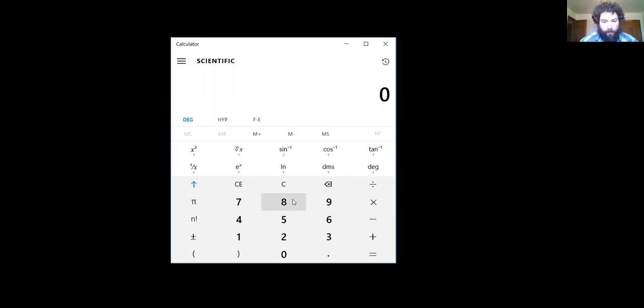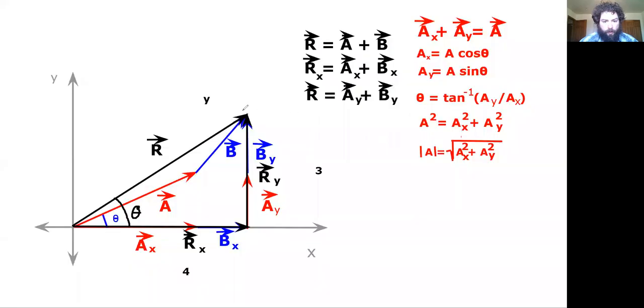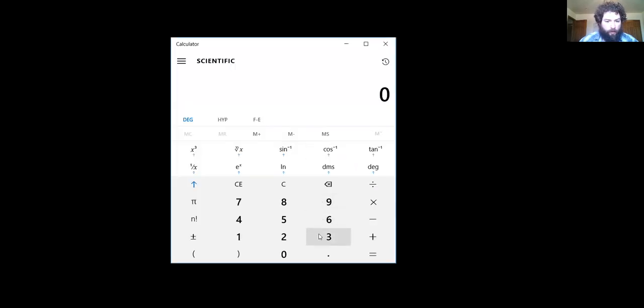We'll say it was opposite over adjacent, and let's go back and see what it was. Okay, so we want to find that. It's opposite over adjacent, so that's 3 over 4. Go back to the calculator. 3 divided by 4 equals that, inverse tangent, and so that's our angle, and that's in degrees.